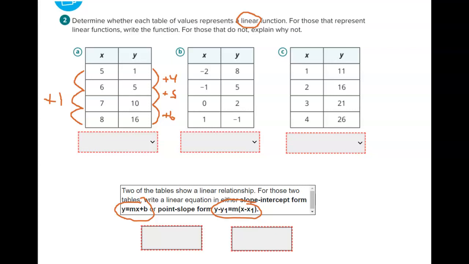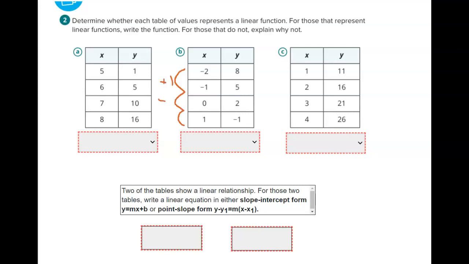The next one, let's look at the next one. For the next one, we see, let's see, we're going from -2 to -1. That's adding 1. From -1 to 0 is adding 1. And from 0 to 1, these are all adding 1.